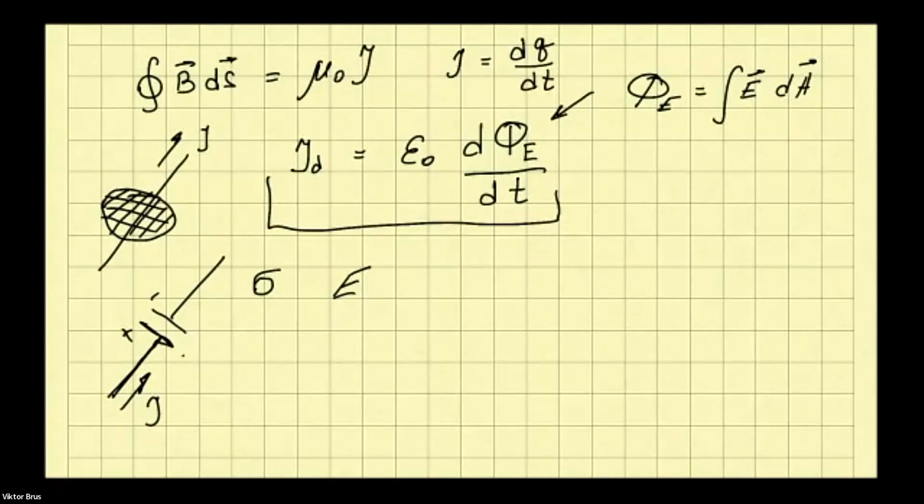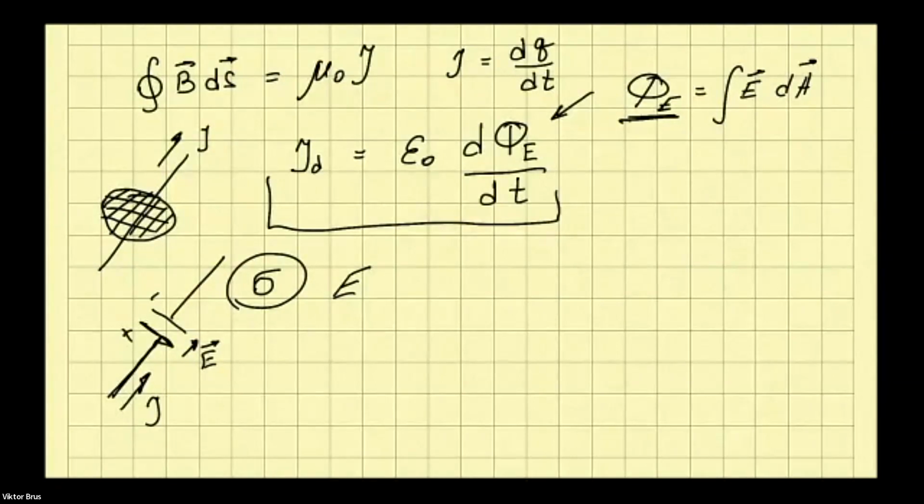So here inside the capacitor, we have an electric field, which is related to this surface density. If, because of conductivity current, we change the surface density, we change the electric field. If we change the electric field, obviously we will change the electric field flux.